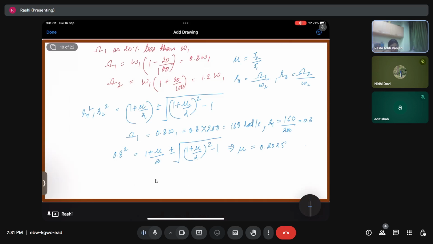Okay. So from here we can get the value of J2 as 0.2025 into 15, which is 3.0375 kg meter square. Okay.